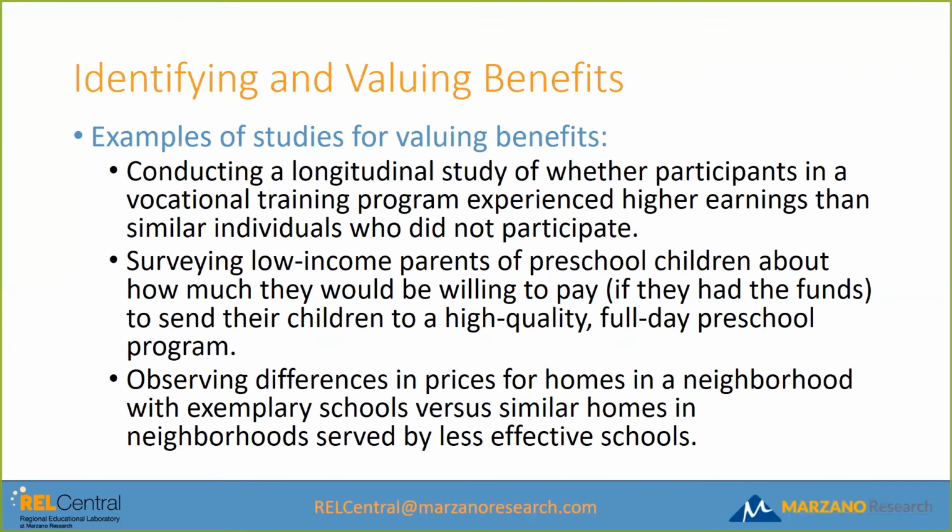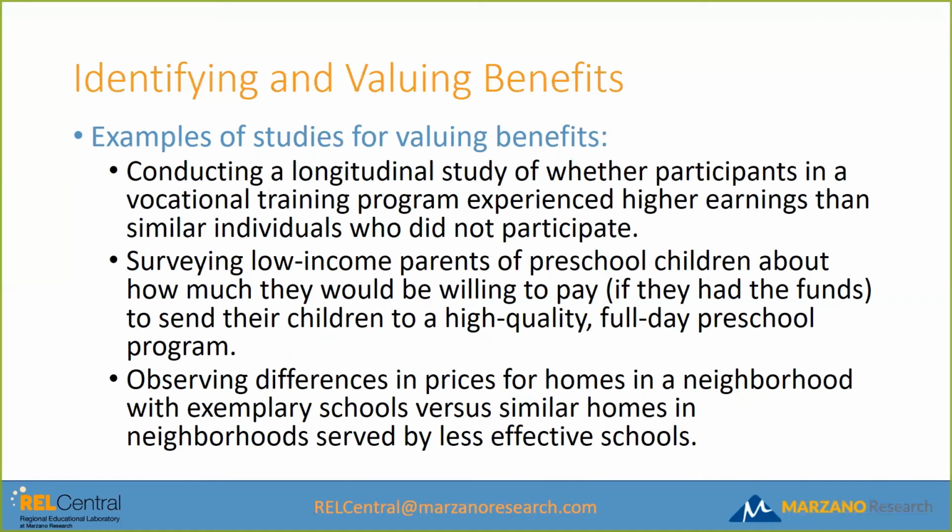So let's look at a couple of more specific examples that go in the same order of what we just discussed. An example of an experimental study would be a longitudinal study that looks at participants in a vocational training program.